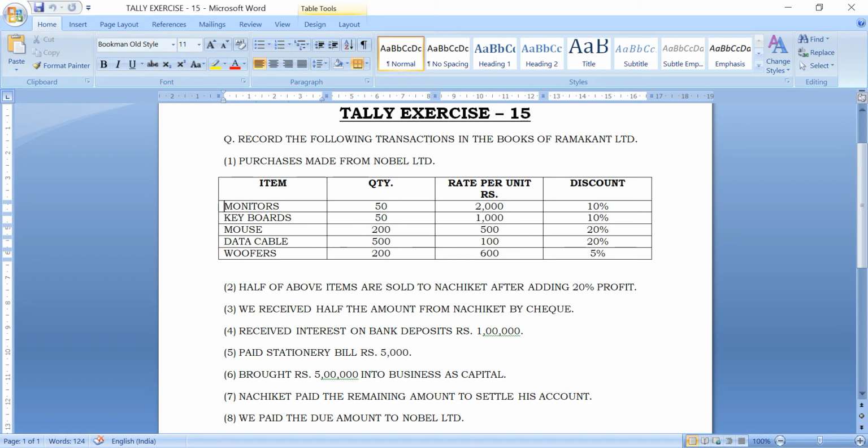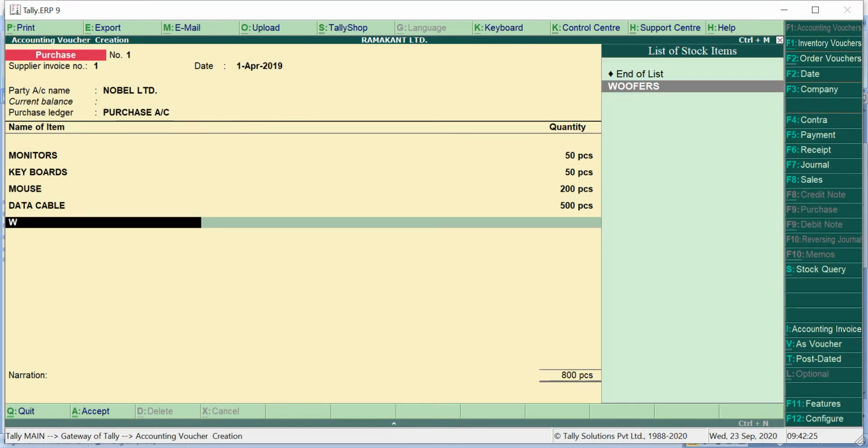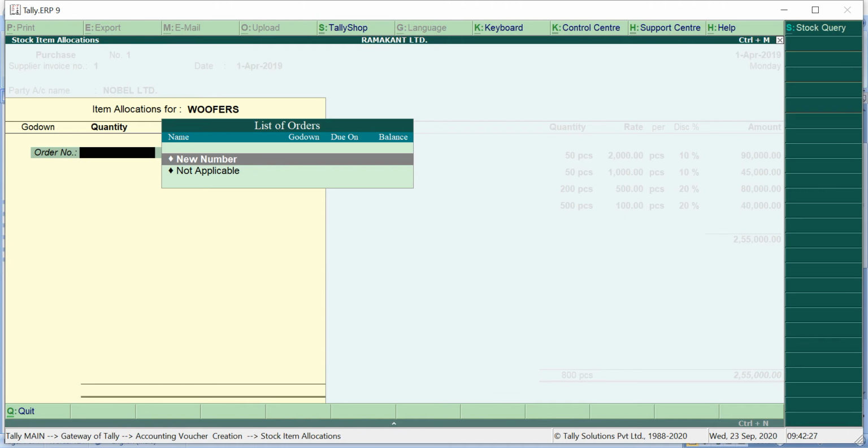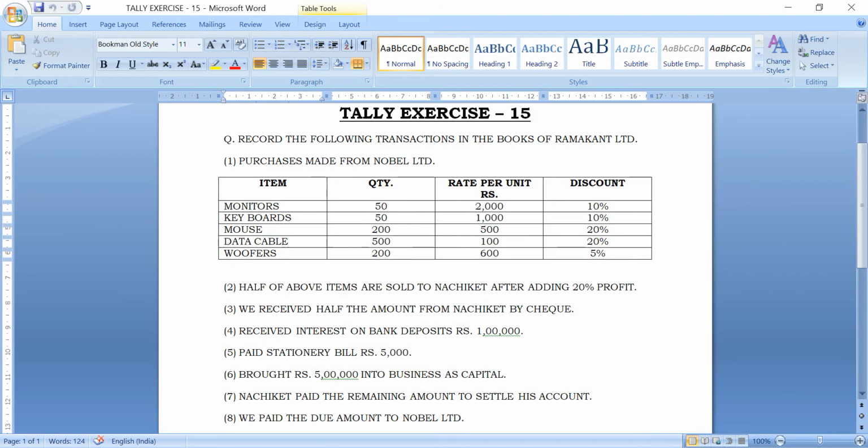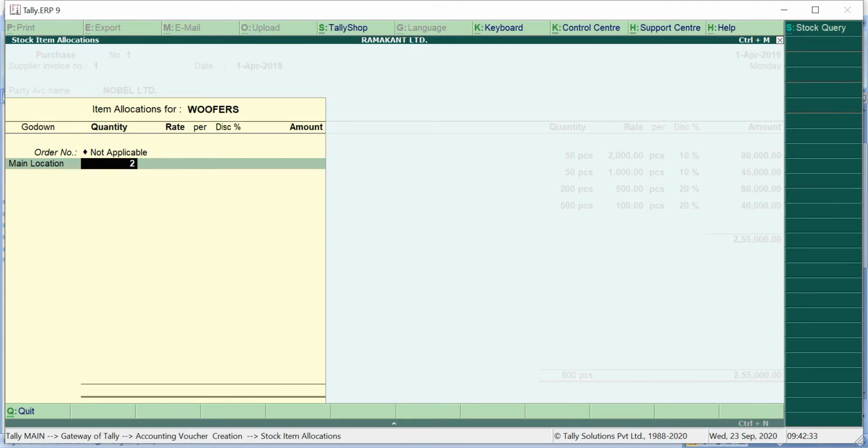And the last one, that is woofers. W. You will have woofers. 200 quantity, so 200 pairs it will automatically take, because we entered pair in woofers, so here it will write 200 pairs.